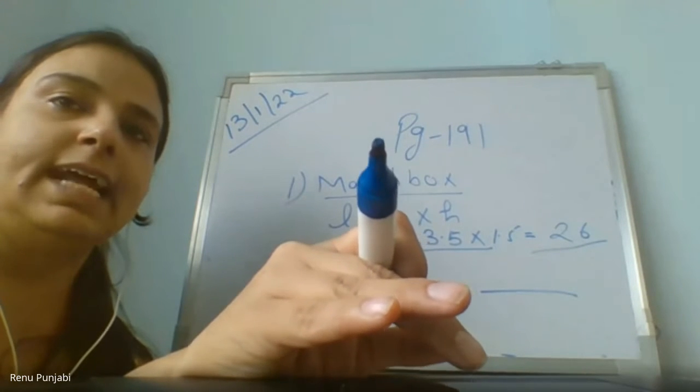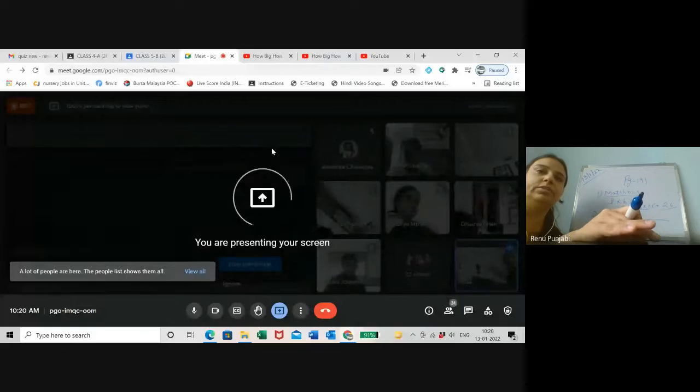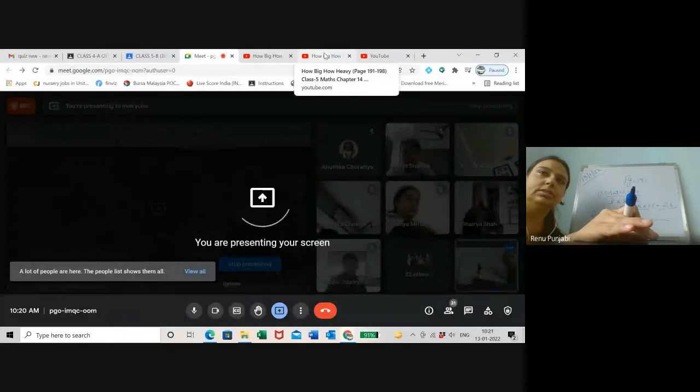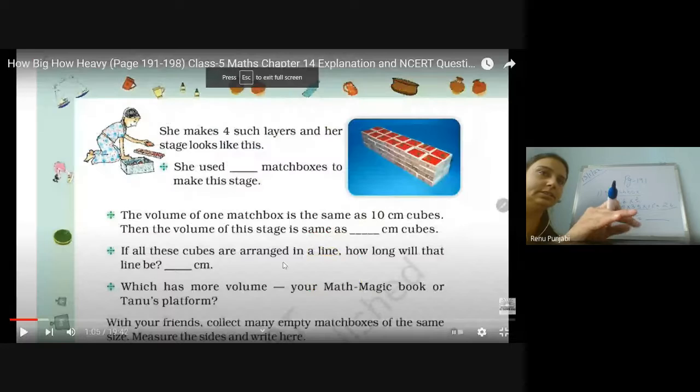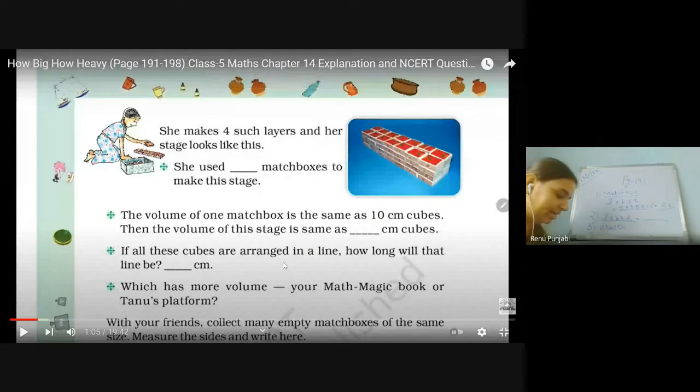This isn't just an activity to show you how to find the volume. She takes 4 such layers and her stage looks like this.